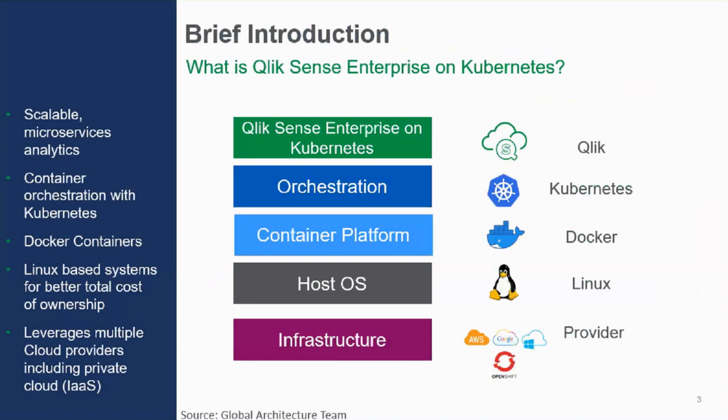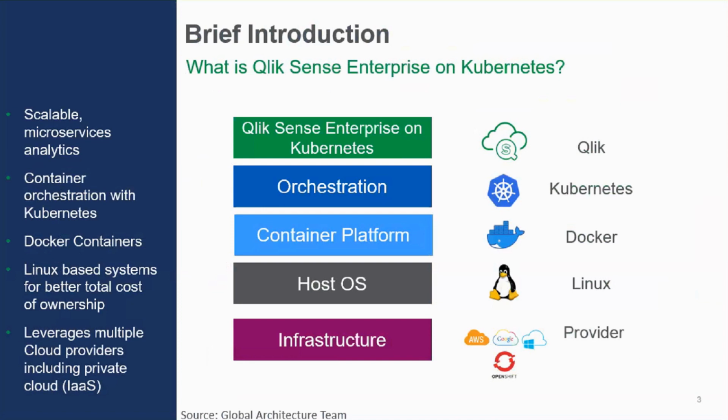Because it can run off of Docker containers and Kubernetes, you can run it on Linux hosts, which will get you a better total cost of ownership because you'll be able to use resources a little bit more effectively. And it works with multiple infrastructure as a service or public cloud providers, from AWS to Google Cloud to Microsoft Azure, which we're going to be showing off today, to Red Hat OpenShift.